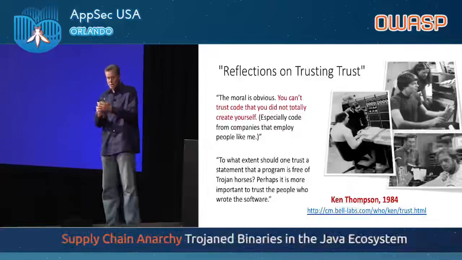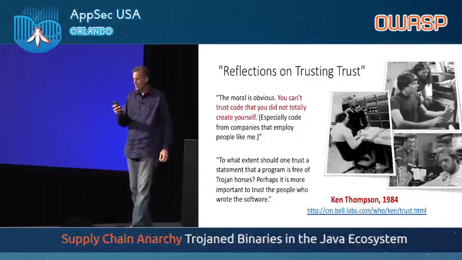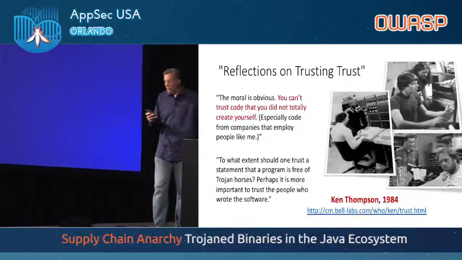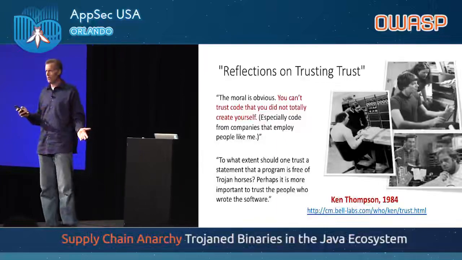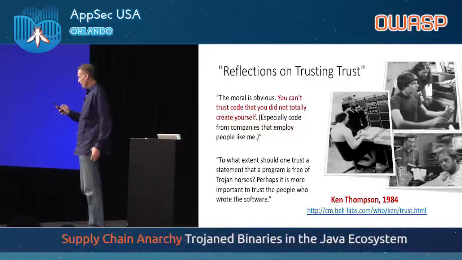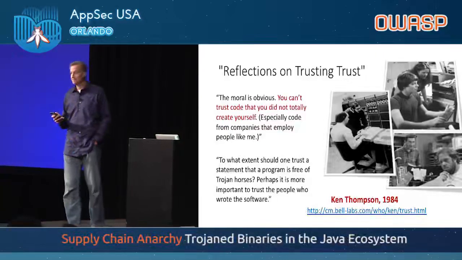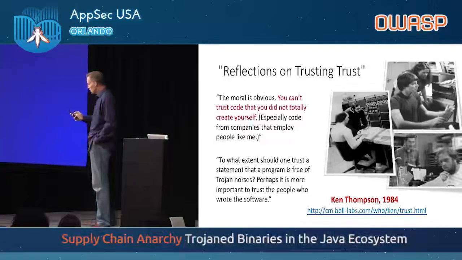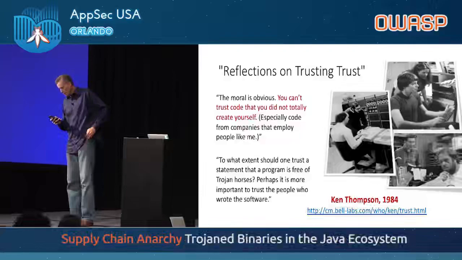And his conclusion is, and I'll read you this quote, he says, the moral is obvious. You can't trust code that you didn't totally write yourself. That's a pretty dangerous message in a world of massive library downloading. And he said, especially from companies that employ people like me. So interesting observation here, and we'll come back to this point as we go forward.